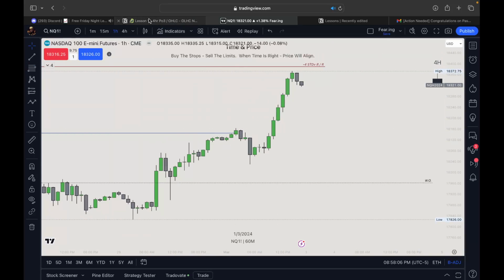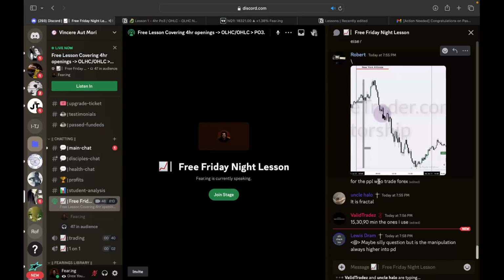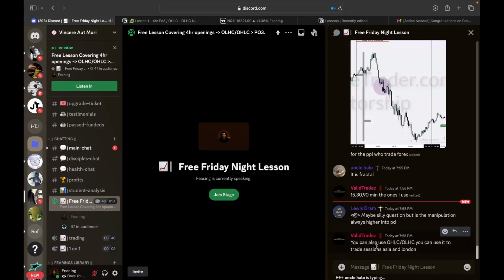It's the exact same thing. What Halo said, price is completely fractal, so we're going to see the exact same stuff. So manipulation is always just going to be into a higher time frame PD array, sell side, buy side, or standard deviation projections, but all standard deviation projections are only projections. We're looking at the PD arrays that align.